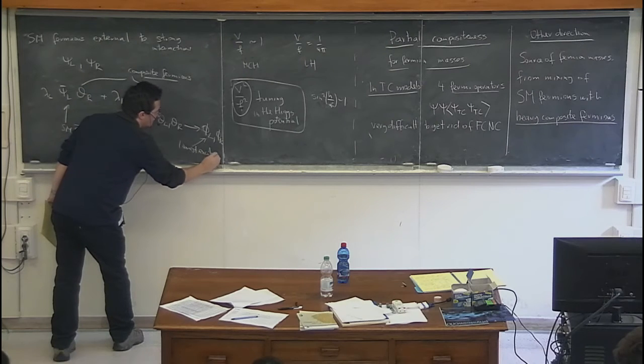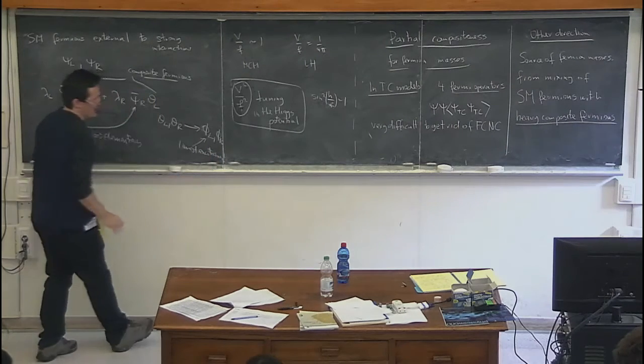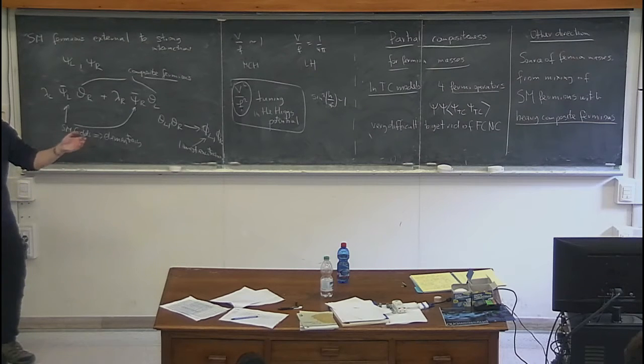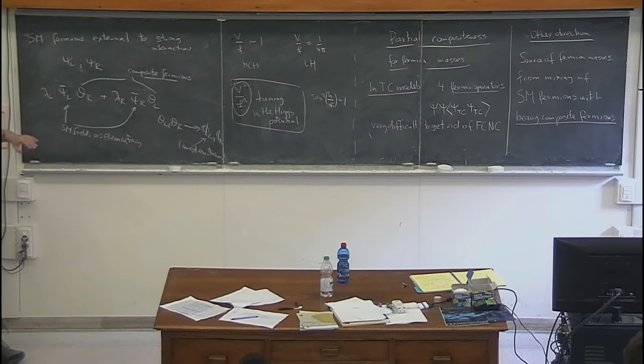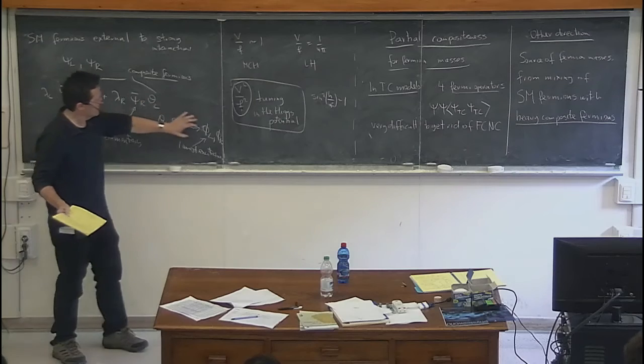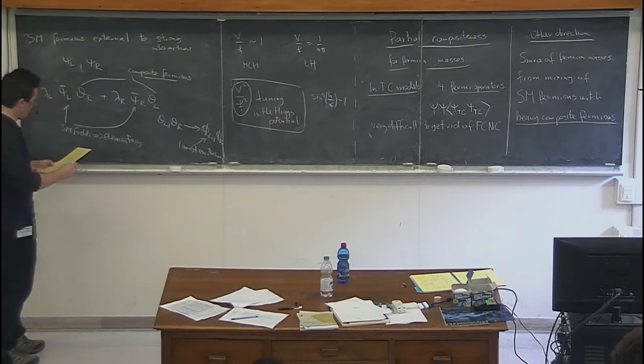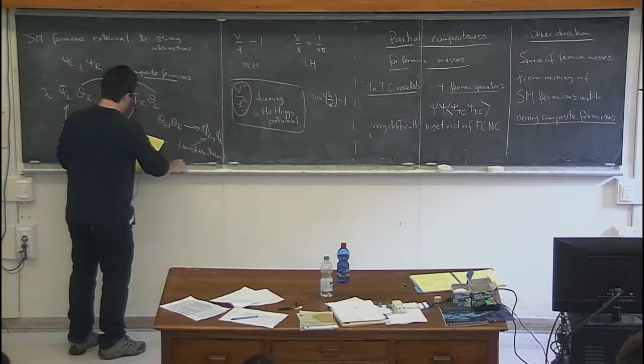And I will just give you a simple Lagrangian that is an ordinary fermionic Lagrangian, mixing the standard model fields with these massive fermionic fields arising from the composite sector.